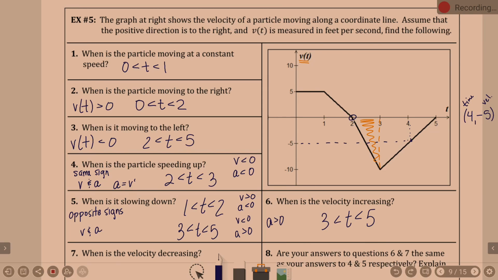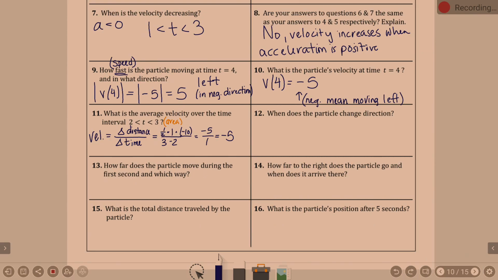So I'm not going to use 5 in my answer. I'm just going to use 2 because, and here's the deal, we go from a positive velocity, which is pushing to the right, to a negative velocity, which is pushing to the left. Fair enough? Okay, so when does a particle change directions? T equals 2. You can think in terms of an x-intercept. You can think in terms of when velocity equals 0.